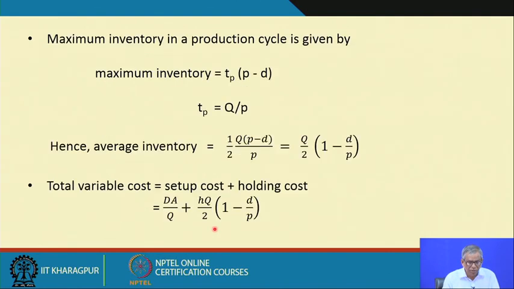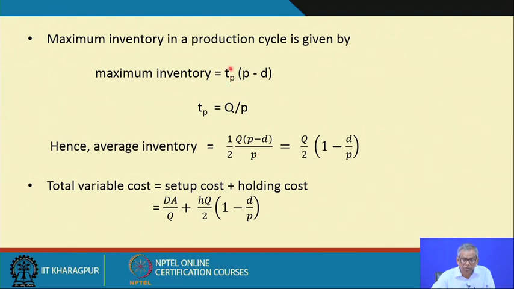Is it okay? Now the maximum inventory in the production cycle is given by, obviously you just refer to the inventory profile, TP into P minus d, and TP is Q by P. Is it okay? You just refer to the inventory profile. Hence the average inventory is half of the maximum inventory, half of Q by P into P minus d.